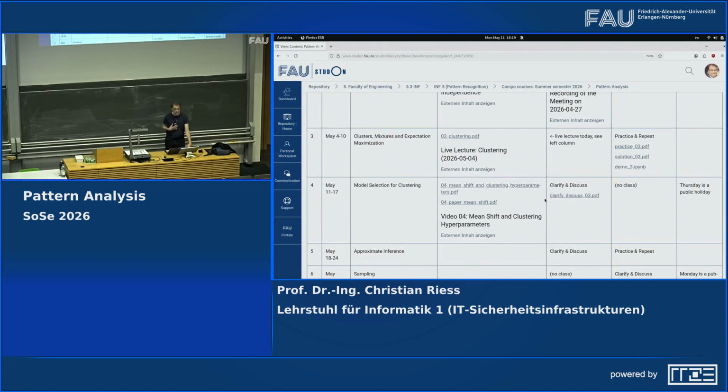Now back to our clustering topics. Like last week and this week, we looked at a total of 3 clustering algorithms. K-means clustering, which was a hard clustering variant.